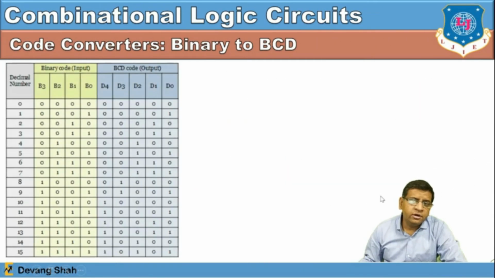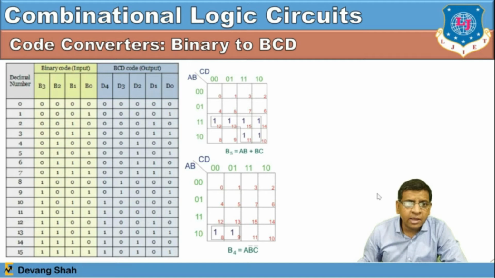So again, here we have to convert this binary into BCD. You will have a complete truth table where you decide the decimal numbers from 0 to 15, and your binary code is 0000, but your BCD code you can always define in the form of 5 bits. It's 0000, right? But once the number goes from 9 to 10, see it changes the sequence. So from that, you apply the K map for each and every output like D0, D1, D2, D3.